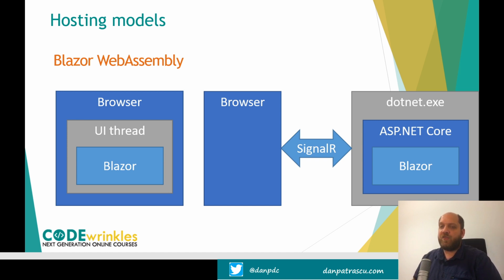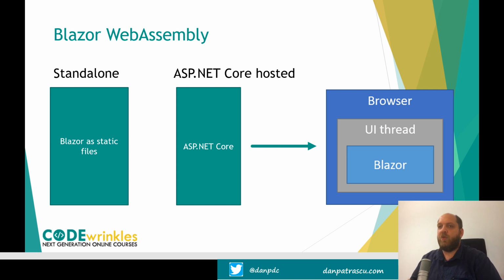However, when we think a little bit about the Blazor WebAssembly model, it actually comes with a different flavor. And here we see that we have basically two options to run Blazor WebAssembly applications. The first way we can do that is simply to run a standalone Blazor application in the browser.